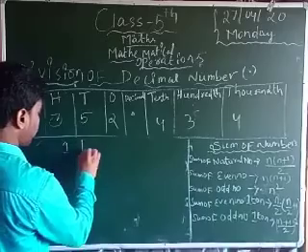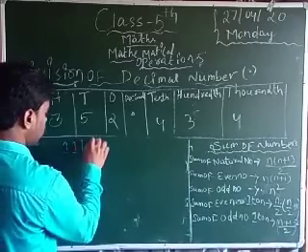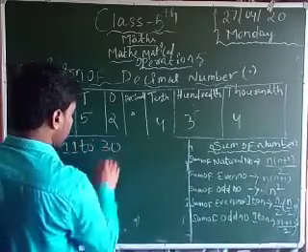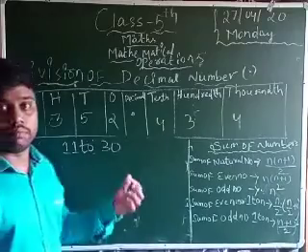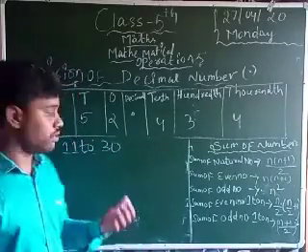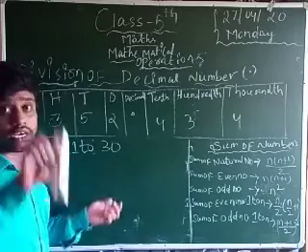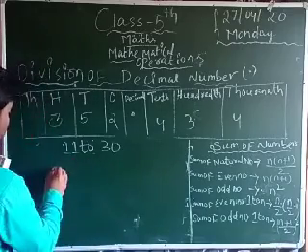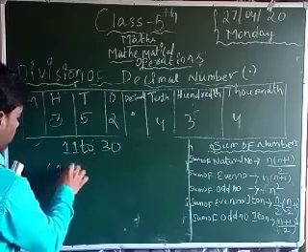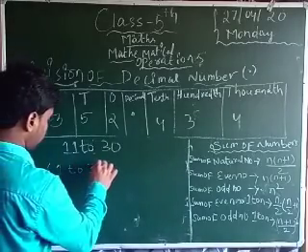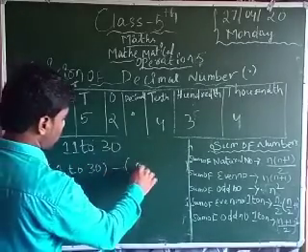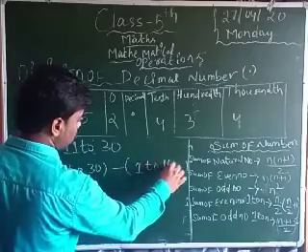Now you can see, guys, here it is 11 to 30, not 1 to 30. How many natural numbers are present between 11 and 30? Understand? So you take 1 to 30 minus 1 to 10.